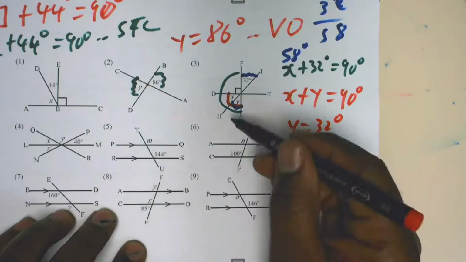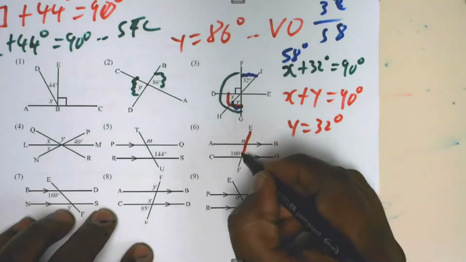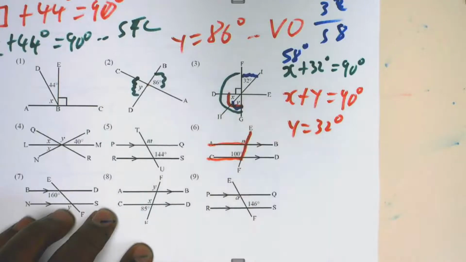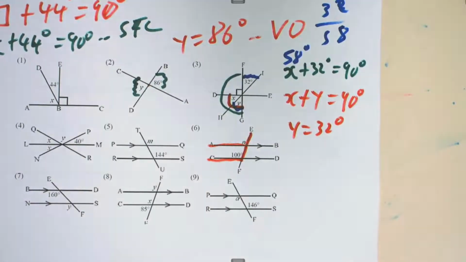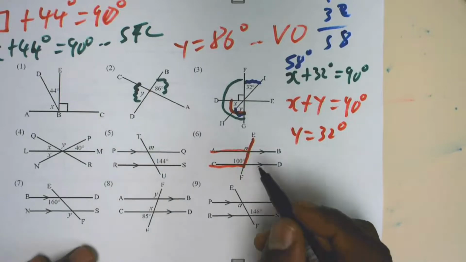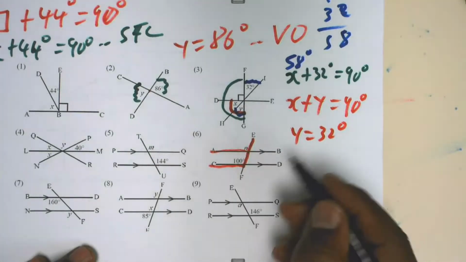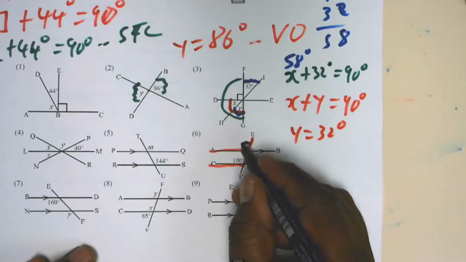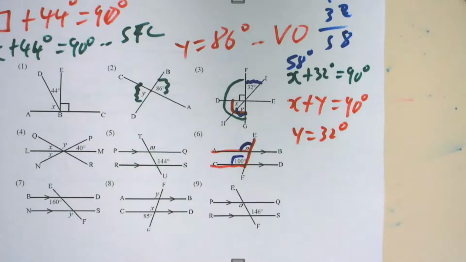Above the parallel line, our pattern, the F is facing down. Color those on the question papers. It's above on the same side of a transversal. Therefore, this is equal to that. n is equal to 100. Why? Corresponding angles.